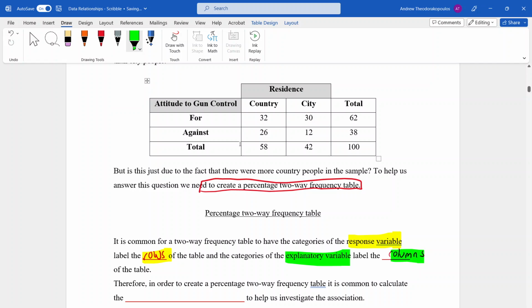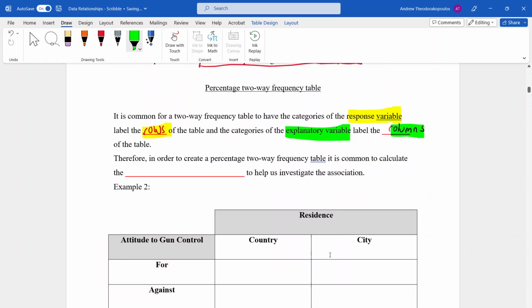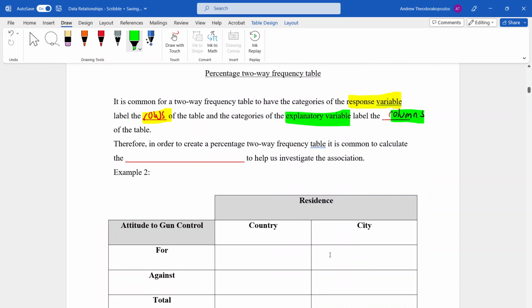So it's still the same thing, the same rules apply, but now we're dealing with percentages. So in order to create a percentage two-way frequency table, it is common to calculate the column percentages. This is the most important part of this table, column percentages. You'll see what I mean in a second.